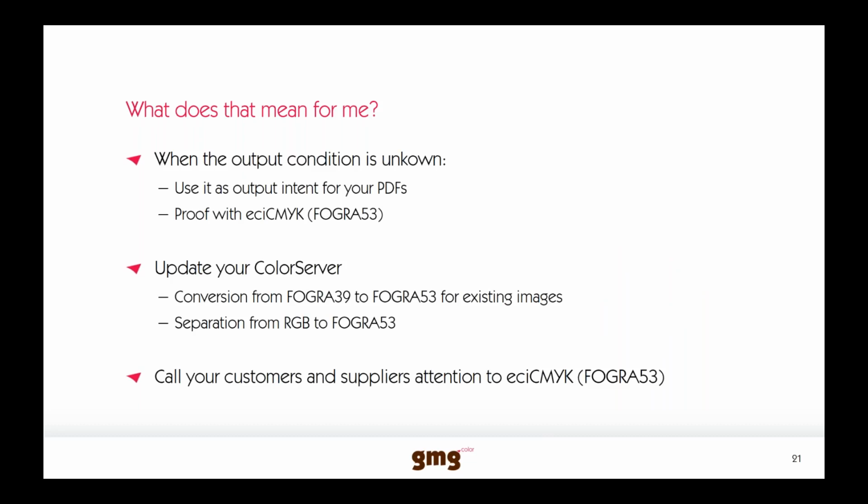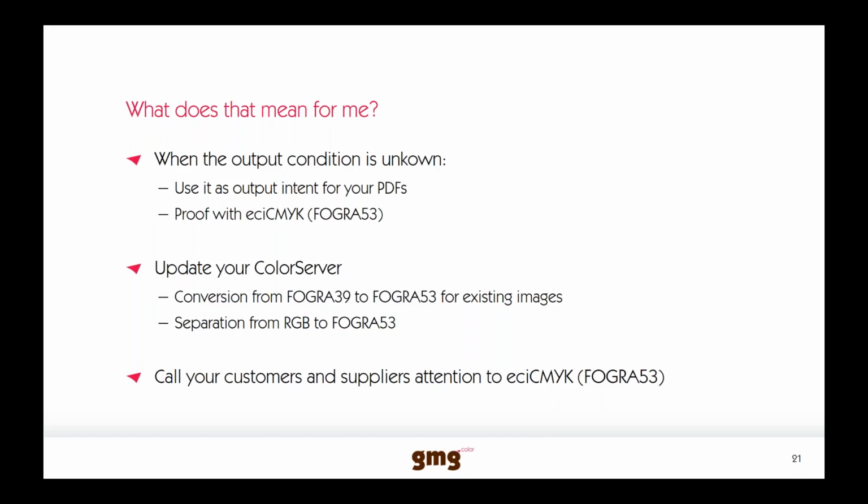So when you're preparing print data and you don't know the output condition, you can use it, or you should use it as output intent for your PDF files. Here it is important to know that you must only use it as output intent when your images are converted to FOGRA53.